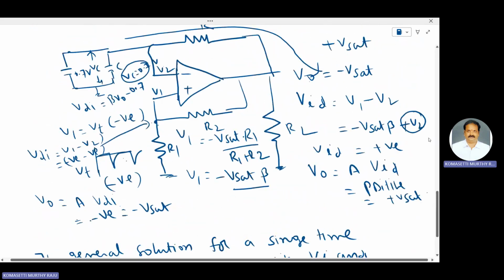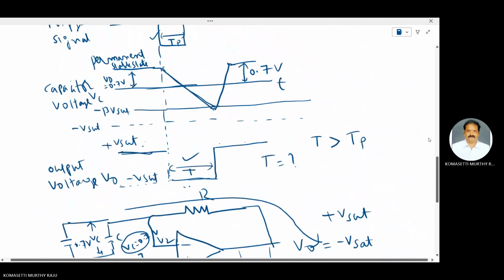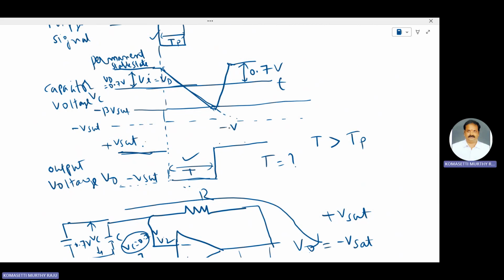Now from this diagram, Vi is equal to Vd. The capacitor charges negatively towards minus Vset, so the steady state value Vf is minus Vset.